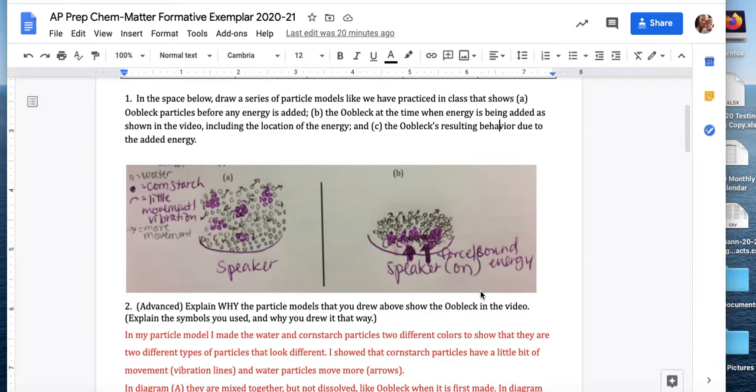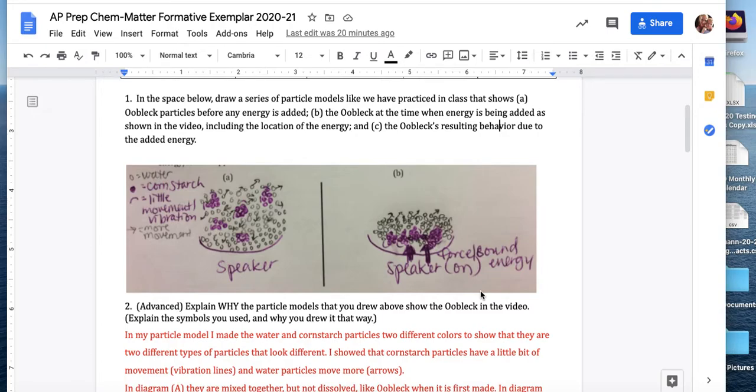You also need to tell me, in order to make the connection between the evidence, what you see, and the claim, well, okay, so you saw this, but how does that make it non-Newtonian? So you definitely have to tell me what a non-Newtonian fluid is and give a definition for that or some sort of description. It is a substance that changes state without the addition of heat. So this other type of energy is what is changing state, and that's what makes it non-Newtonian.